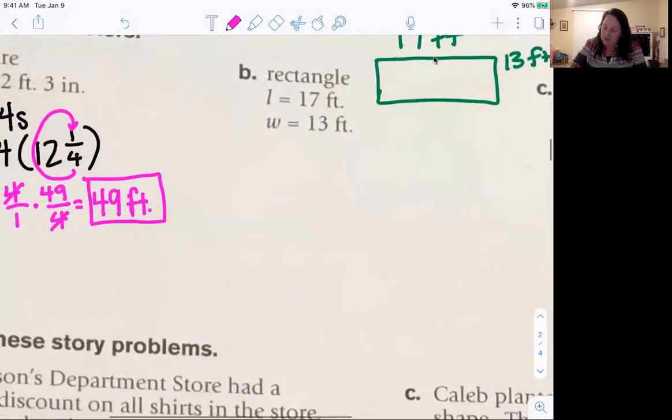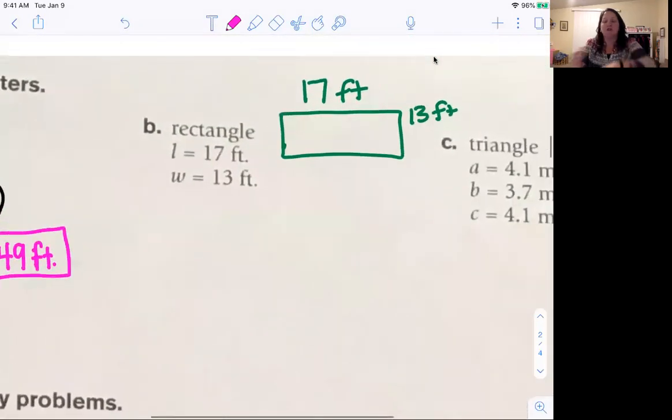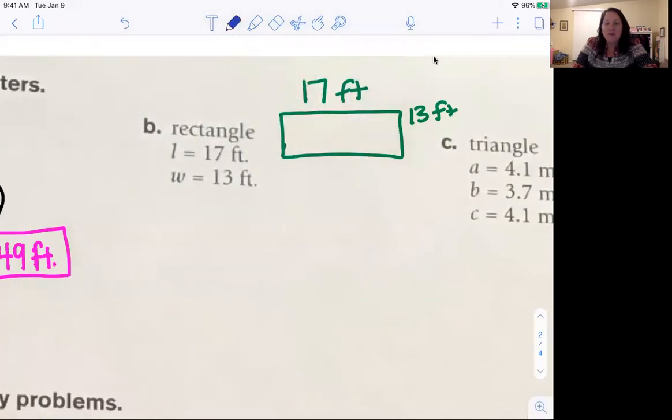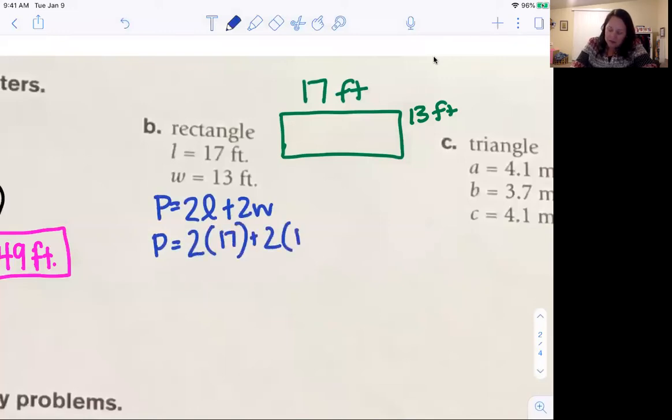Okay, let's move on to B. B is straightforward. How do we find the perimeter of a rectangle? Well, we do 2L plus 2W. Good. P equals 2L plus 2W. And you guys are great at these. I know you have these formulas memorized and you're rocking this. I definitely know that. P equals 2 times 17. Remember, L is always the longest. Plus 2 times 13.